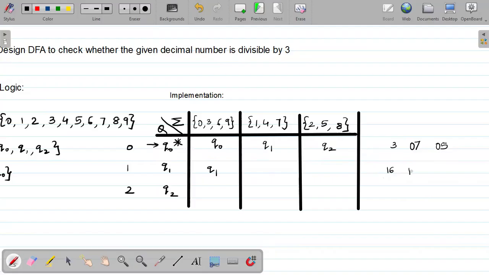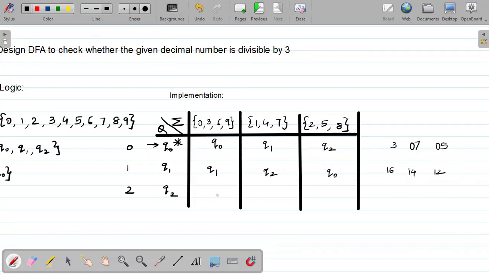Then suppose we get 4 as the next number coming in, it has become 14. 14 when we divide by 3, we get the remainder as 2. So we go to the state Q2. Now already 1 was there. Suppose we get 2. That is the third column. So it will become 12. 12 is divisible. That will give us remainder as 0.